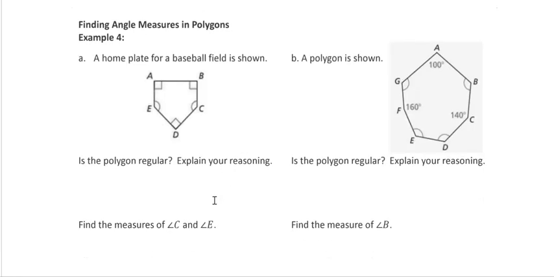All right, on example 4, it says a home plate for a baseball field is shown. Is the polygon regular? Explain your reasoning. Well, if the polygon is regular, we would have to know that all the sides are equal and all the angles are equal. So when I look at this, I see it has 5 sides. So if n equals 5, using what we learned in the first half of this section, I can find the number of interior degrees using n minus 2 times 180.